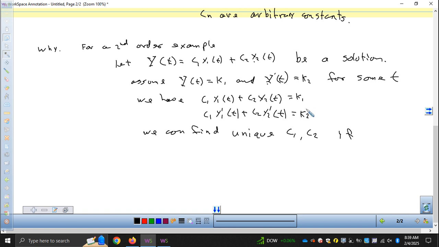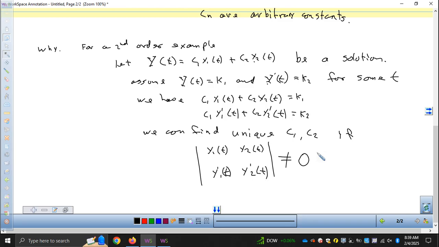We can find an inverse matrix if the determinant y1 of t, y2 of t, y prime 1 of t, y prime 2 of t, is not 0.